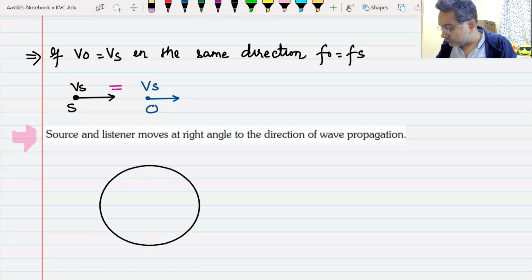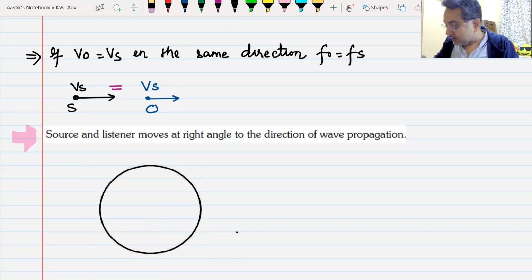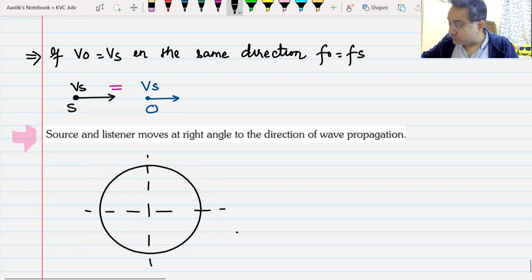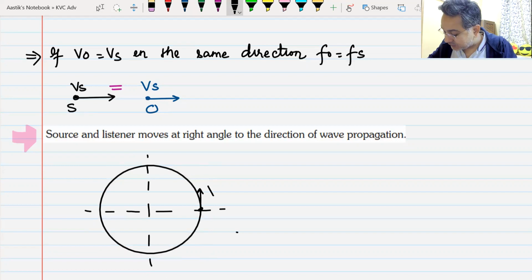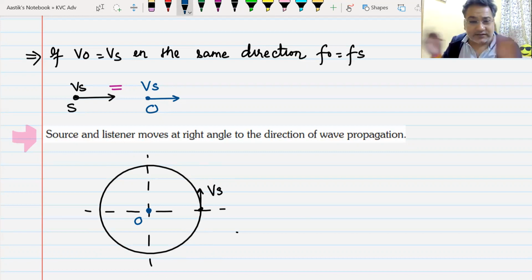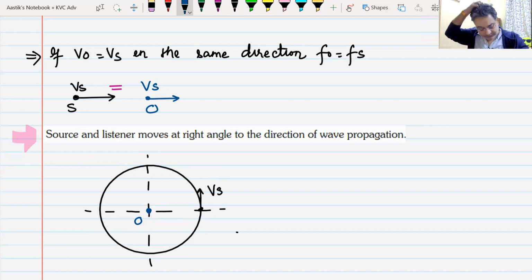If I have the source moving like this in a circle with Vs and the observer is here, or vice versa, there will not be any Doppler effect. Do we understand this? Yes, sir. So these are the cases of no Doppler effect.